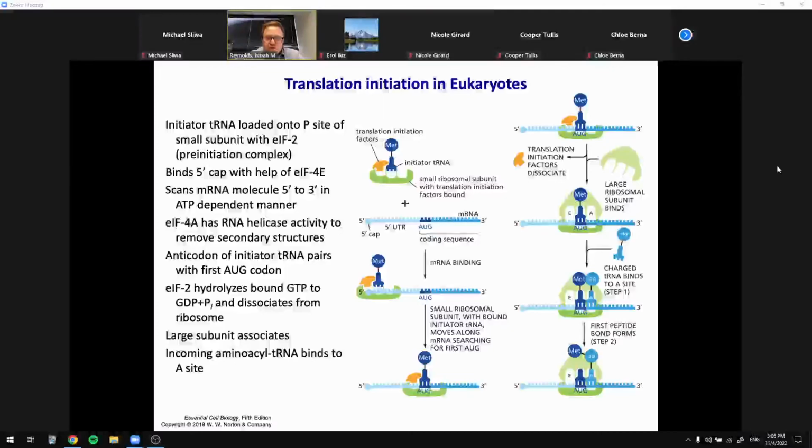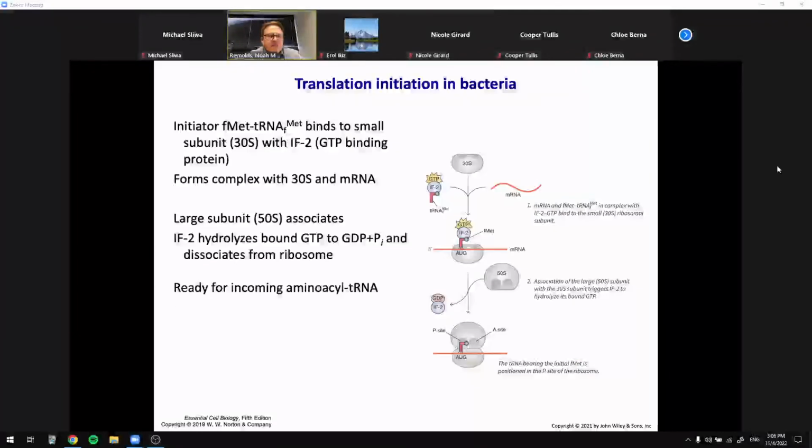Just for translation, let's think about how many ATP we need. We would need one for each of the tRNAs to get charged. So at a minimum, we need 10 ATPs to be hydrolyzed to get the charging of those 10 amino acids on the tRNA. We would need a GTP to be hydrolyzed by initiation factor 2.